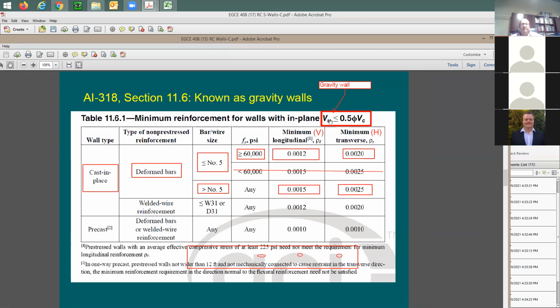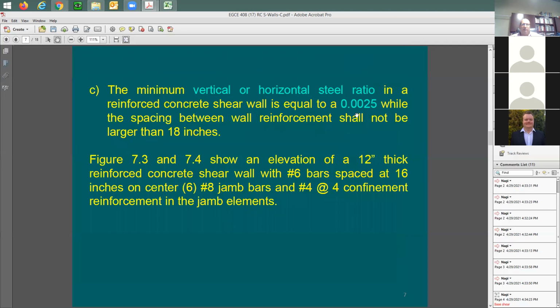Once the shear demand goes beyond 0.5 of PVC, you cannot use this table anymore, and you're going to have only one value, which is 0.0025 as a steel ratio. The spacing again is going to be 18 inch, right? 18 inches is going to be the maximum spacing. And for sure, you'd like to use maybe 16 inch.